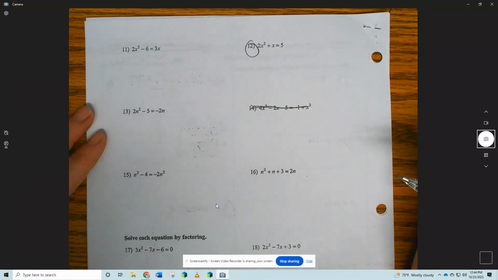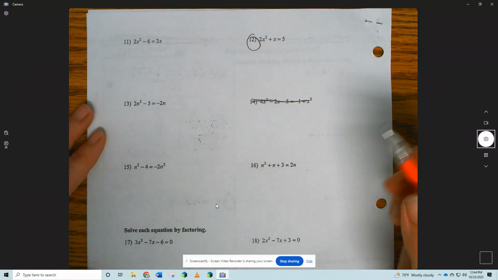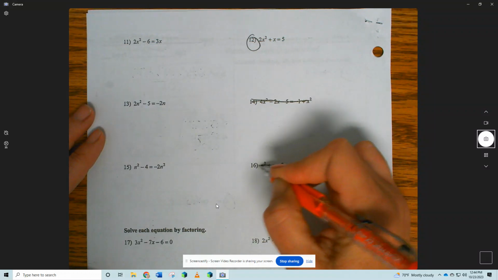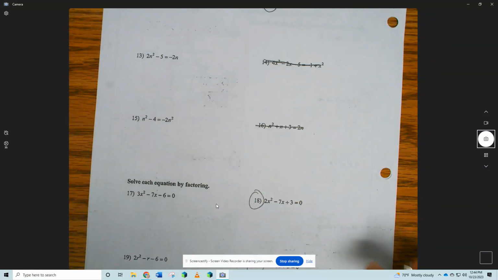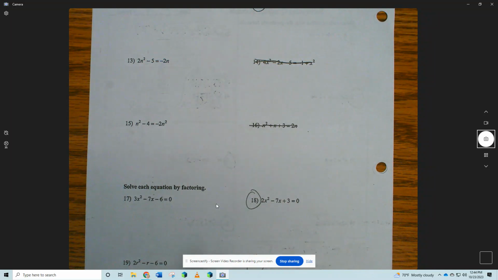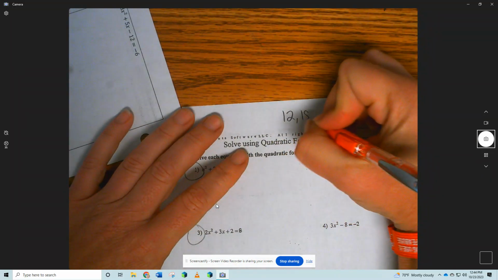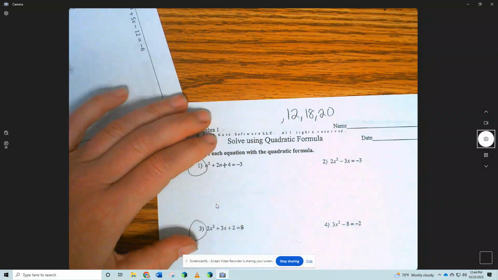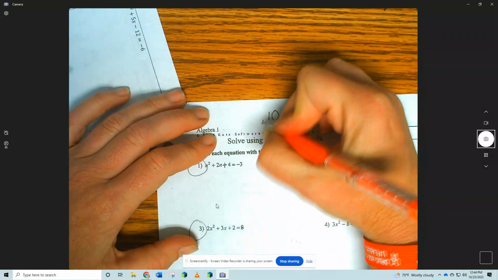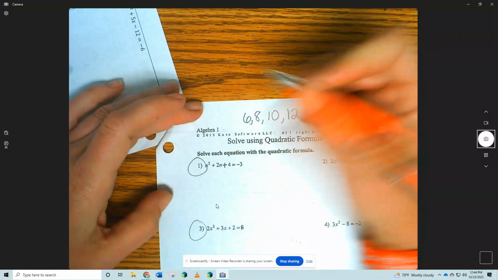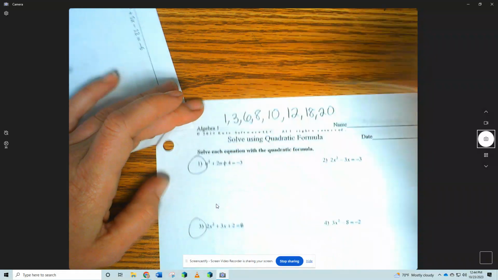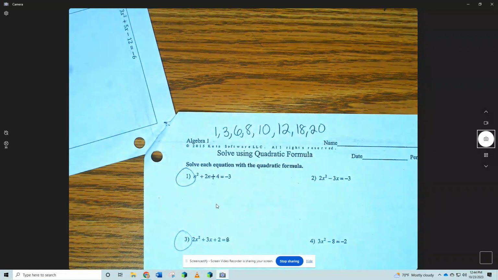Cross out 14. Cross out 16, but you have to do 18 and 20, factoring. Okay, 12, 18, 20. So, 1, 3, 6, 8, 10, 12, 18, 20.